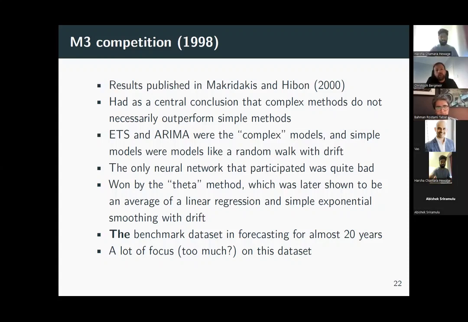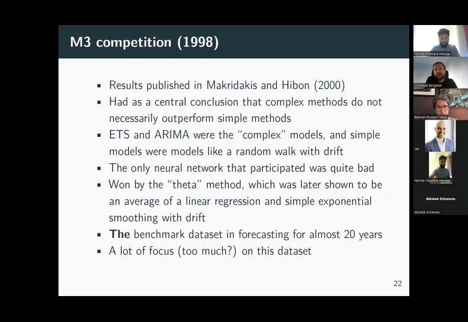There was only one neural network participating in this competition. It was quite bad. The competition was won by the theta method, which was later shown to be an average of a linear regression and simple exponential smoothing with drift. Now, this M3 data set consists of yearly, quarterly, monthly data.